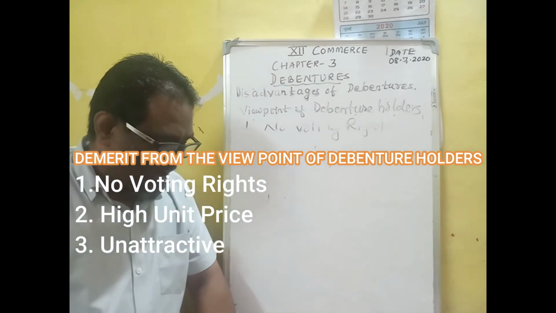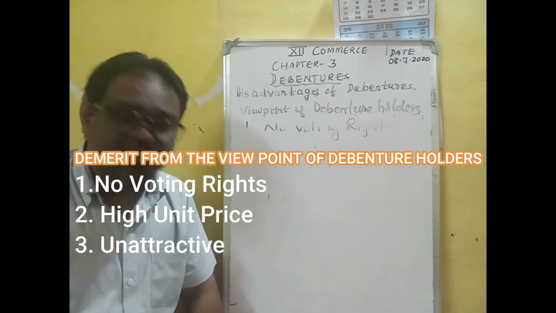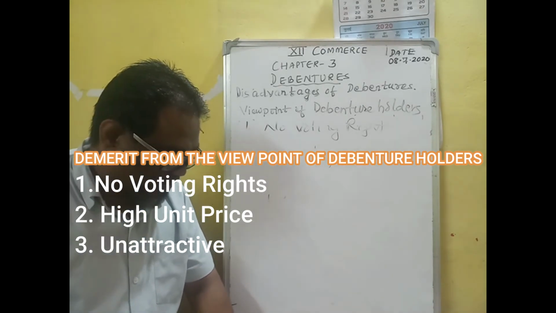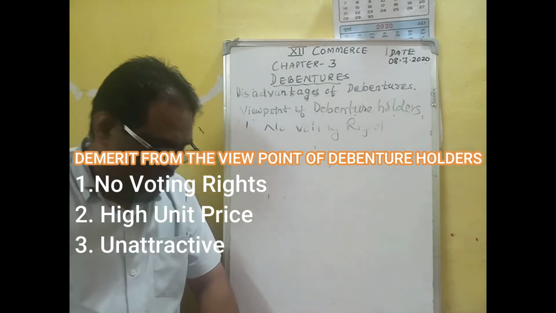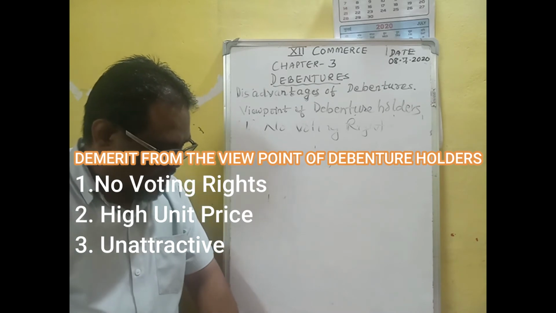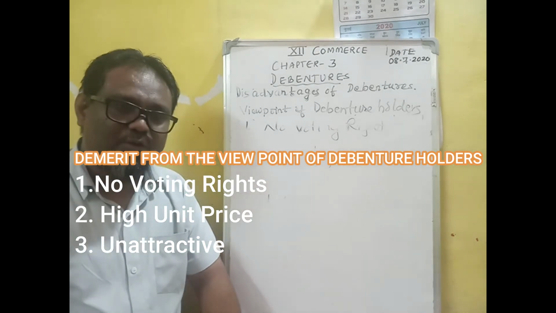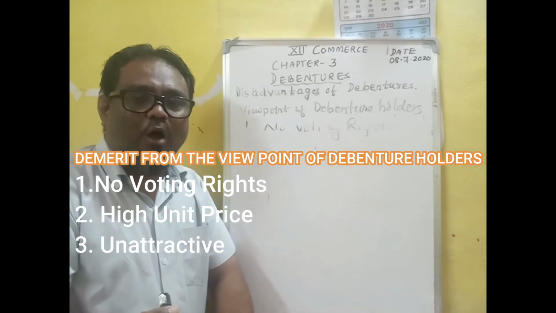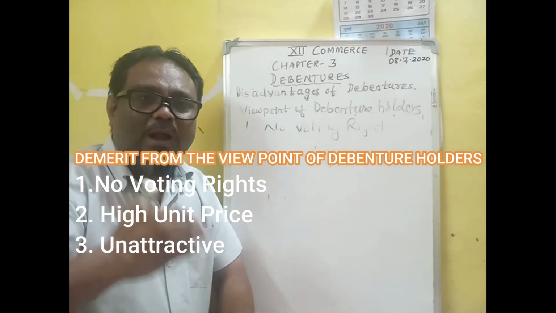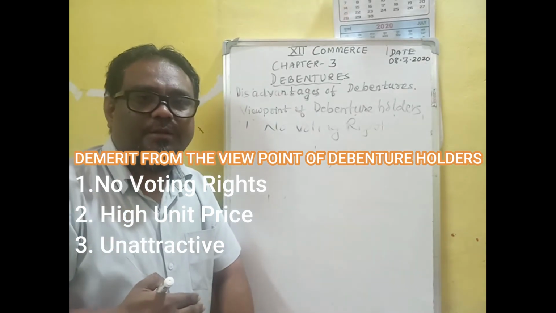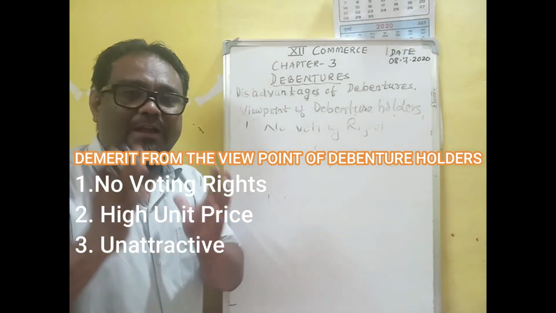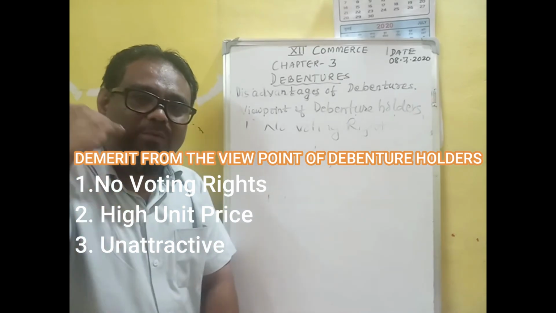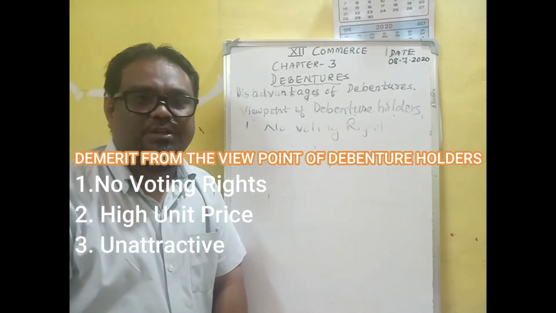Another is unattractiveness. These debentures are not that attractive. Private investors who want high return and appreciation of the capital find debentures unattractive. Those who want to take risk and earn more income want higher dividend, and they want the capital to appreciate. Whatever amount they have invested, that should increase.